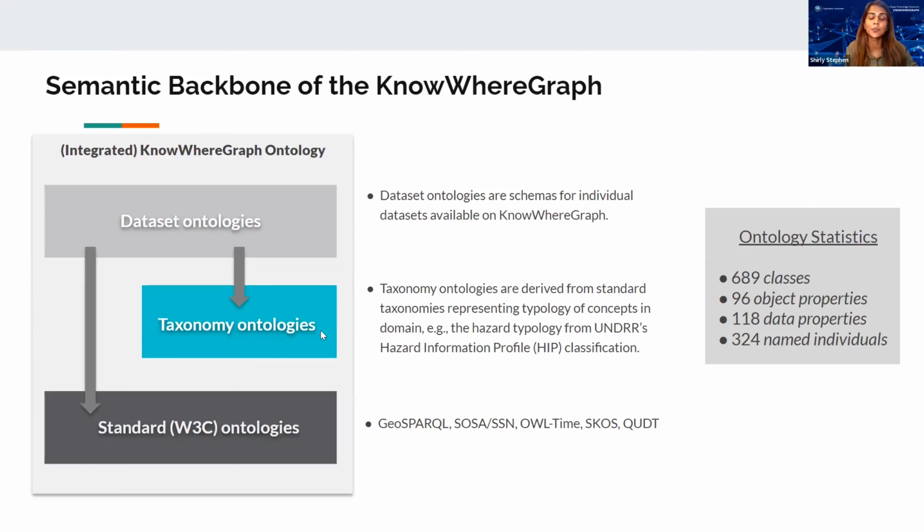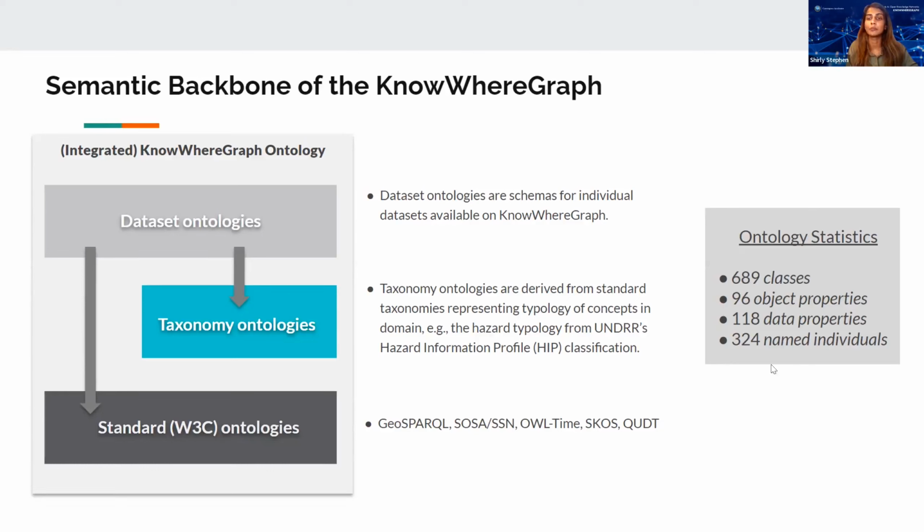In KnowWhereGraph, we specifically use the hazard classification, or the HIP classification, developed by UNDRR, that's the United Nations Office of Disaster Risk Reduction. Finally, at the topmost level, we have the standard W3C ontologies on which both our dataset and taxonomy ontologies are grounded. The ontologies that we specifically use are GeoSPARQL, SOSA, SSN, OWL-Time, SKOS, and QUDT.